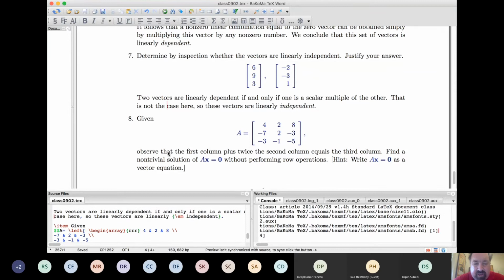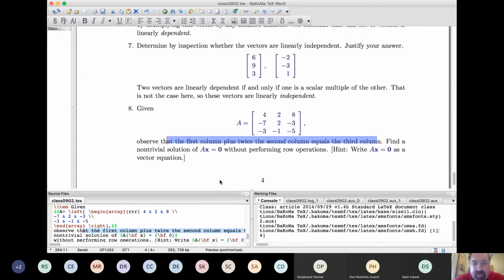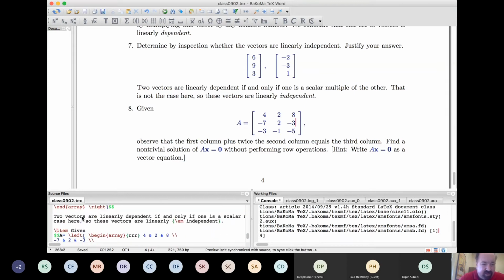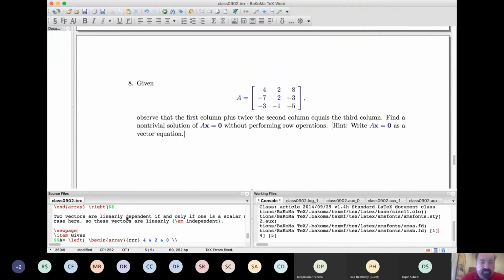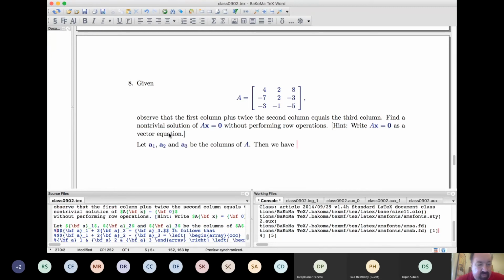So this relationship that is given, you want to write that as a vector equation. So, I'm going to put this on a new page. Taking an equation that's given in words, we have this.